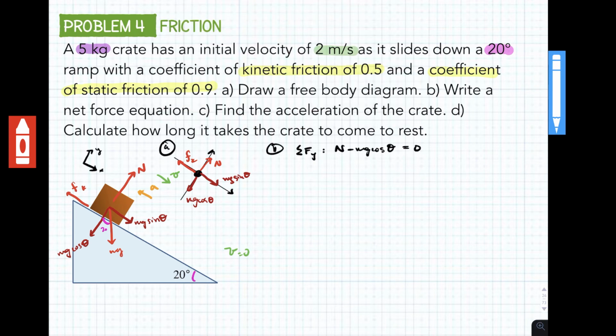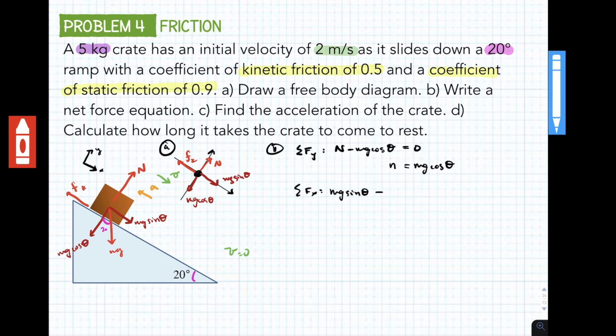So that's our y direction, and that just means that n is equal to mg cosine theta. We'll just do some algebra now to save time later. And then if you sum up your forces in the x direction, you get mg sine theta. Remember, this is the positive x direction.